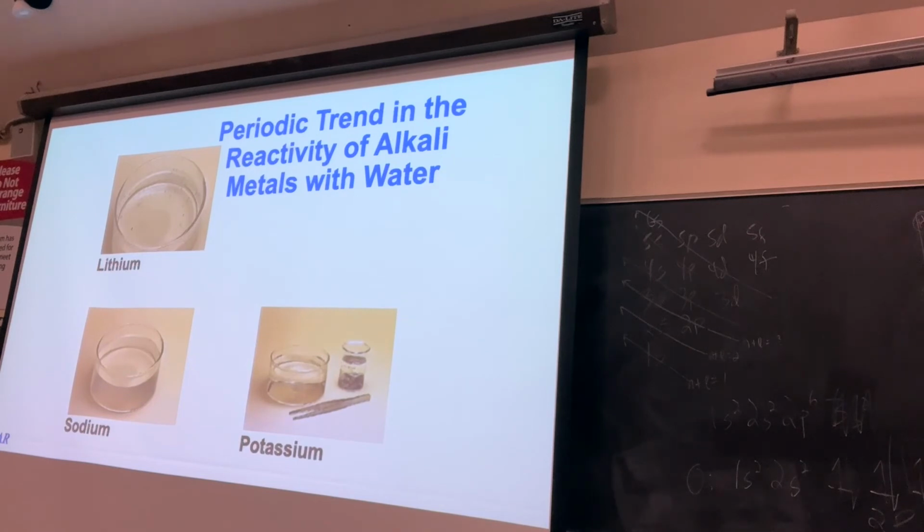Potassium is the third metal in group 1A. Lower than both sodium and lithium on the periodic table, it is even more reactive with water. The valence electron lost by potassium upon reaction with water comes from a 4s orbital.